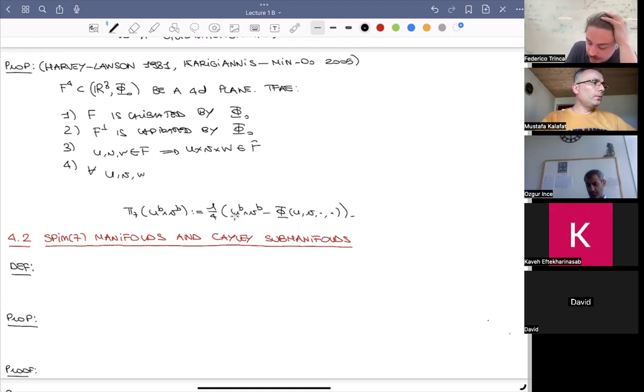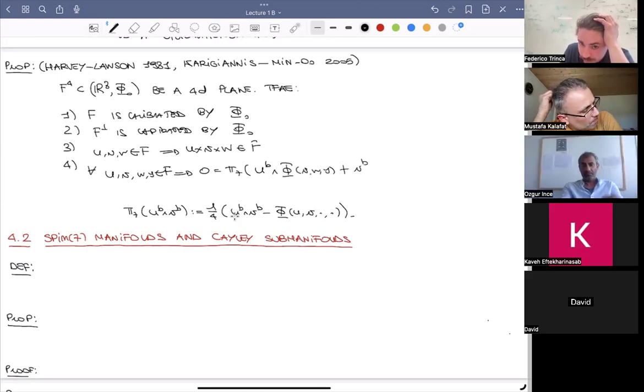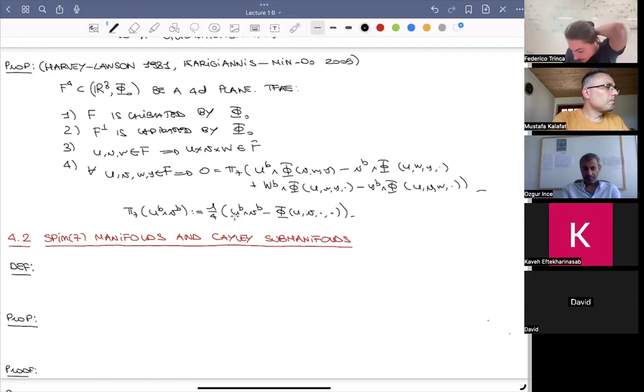If U, V, W, Y are in F, then the following is going to be equal to 0: pi 7 of (U ∧ φ(V, W, Y) minus V ∧ φ(U, W, Y) plus W ∧ φ(V, Y, U)... minus Y ∧ φ(U, V, W)), where pi 7 is the projection onto the seventh component.